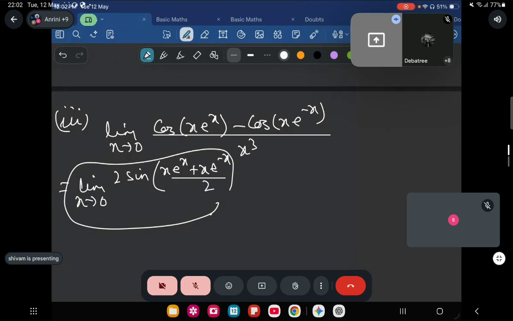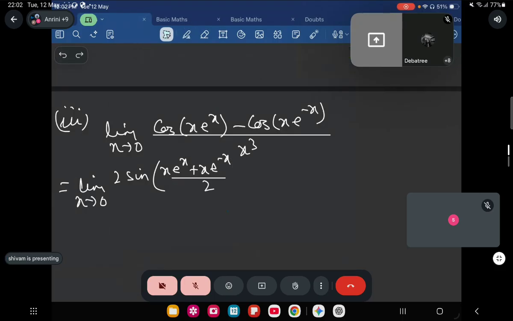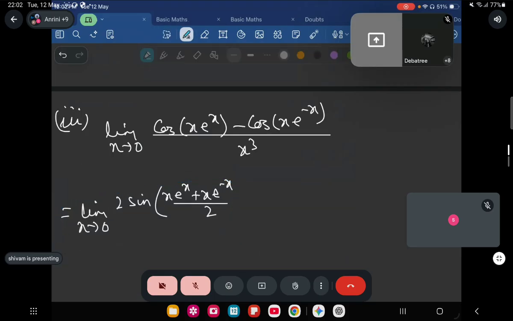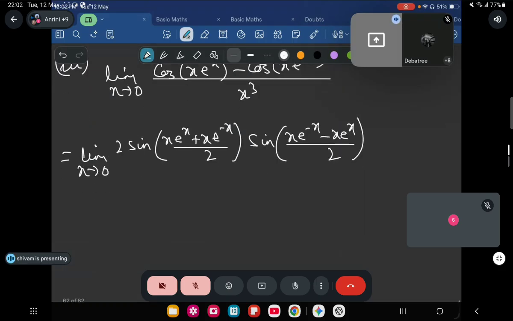Into sine of (d minus c) by 2. So sine of (x e to the power minus x minus x e to the power x) divided by 2. So let's start converting them into standard form. In order to convert them into standard form, we have to divide by this whole thing.